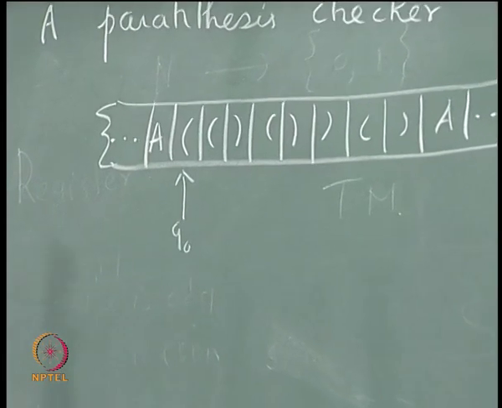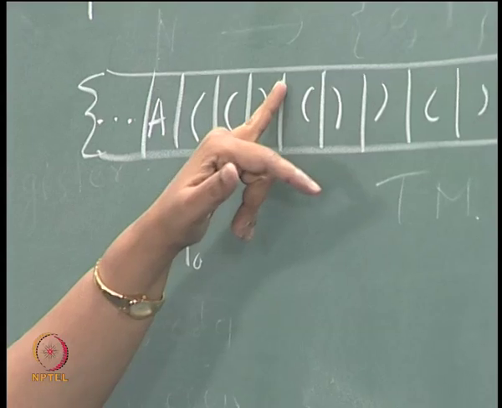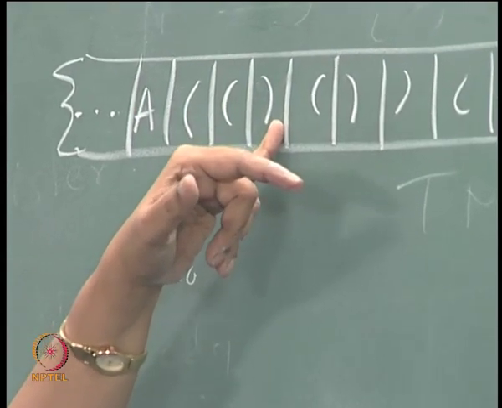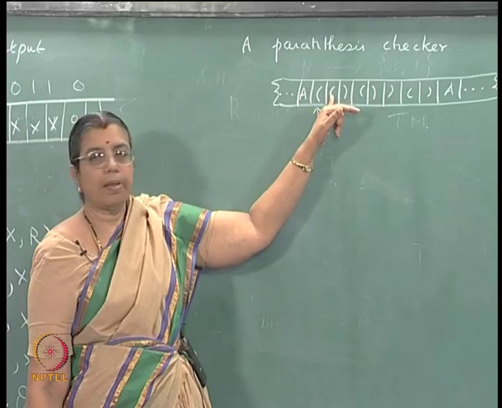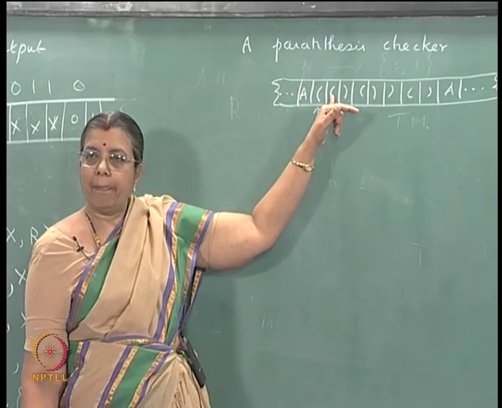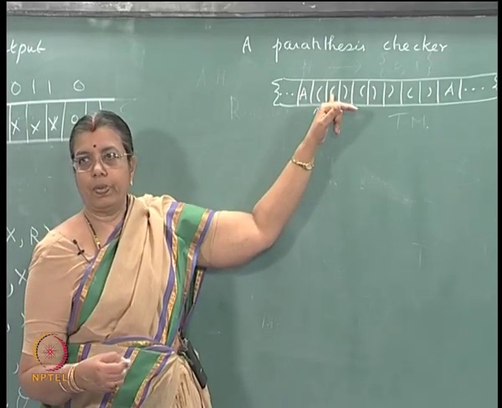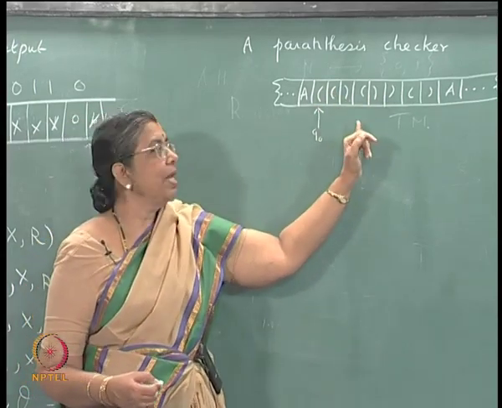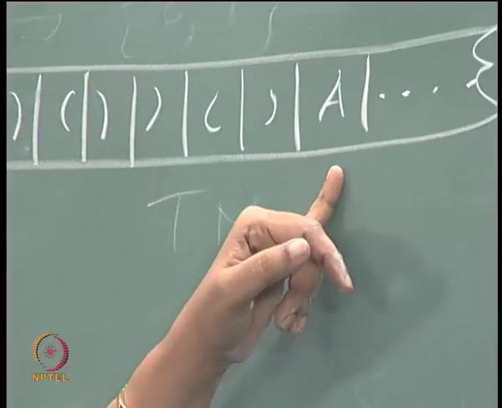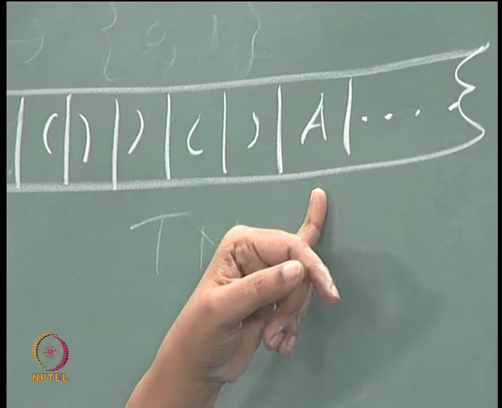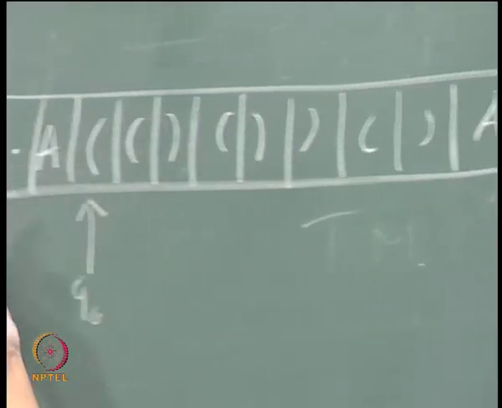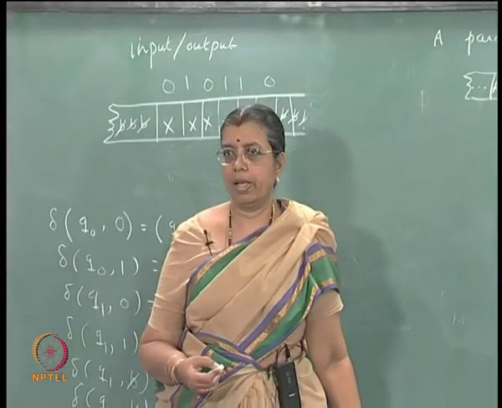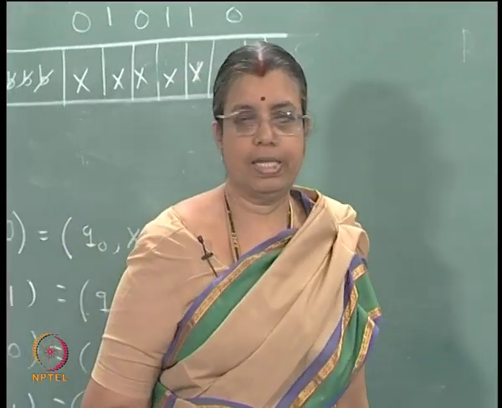The idea is it moves right and replaces the first right parenthesis by an X and moves left converting the matching left parenthesis into an X. It does it again and again. Ultimately when no more right parentheses are there, it comes back and checks whether there are no more left parentheses.